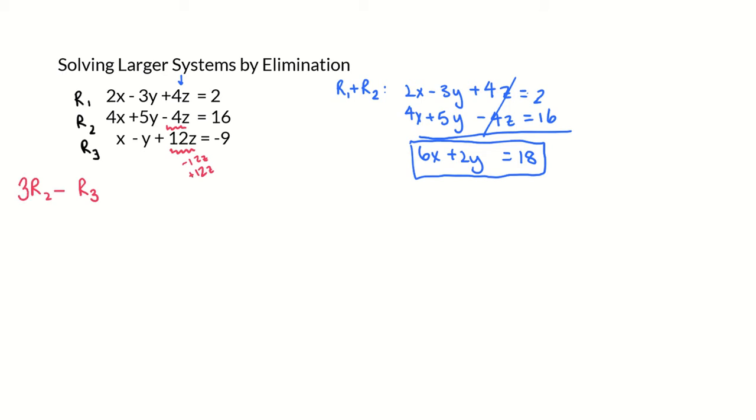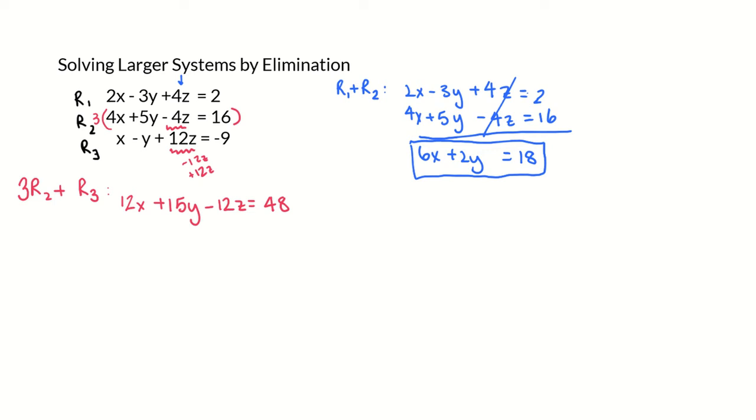So now we're going to do the row operation 3 row 2 plus row 3. So we're going to multiply row 2 by 3 to get 12x plus 15y minus 12z equals 48.